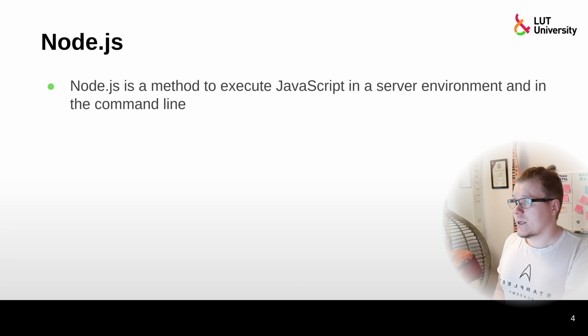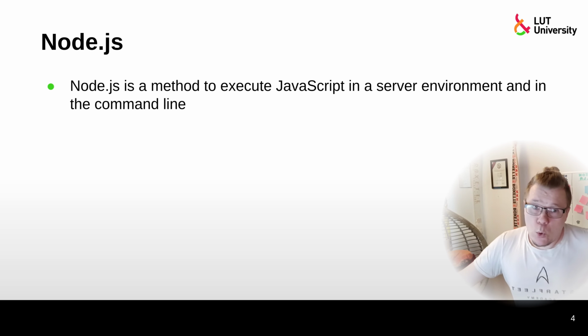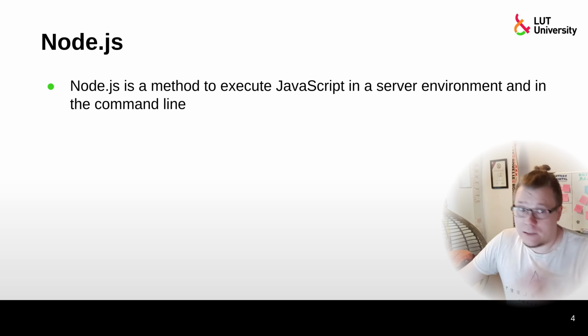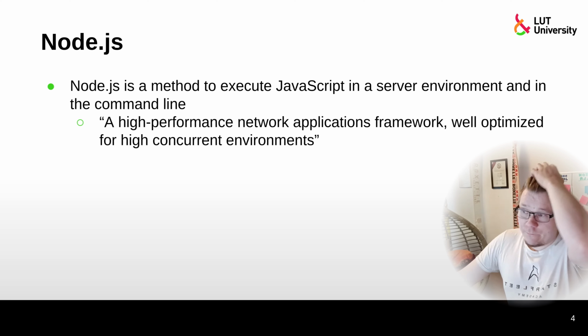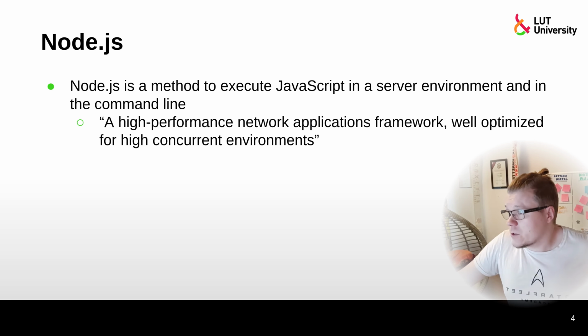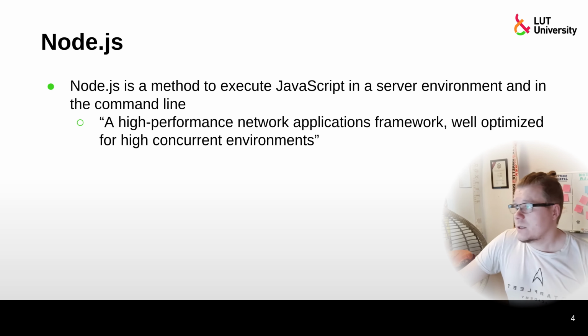So what is Node.js? It is a method to execute JavaScript in a server environment and in the command line. When JavaScript was born in 1996 or so, it was a language made for browsers, so it was only run in the browser environment. But about 15 years ago, there was an idea: what if we run JavaScript also in the backend? And Node.js is the tool for that.